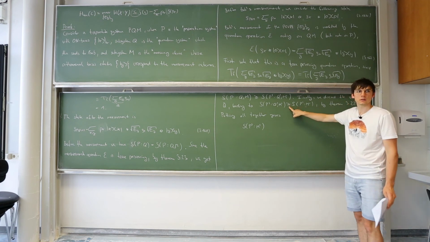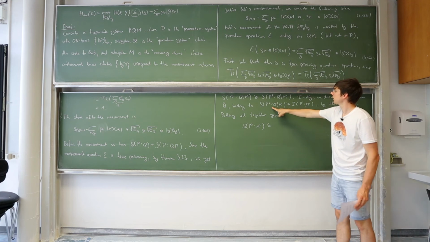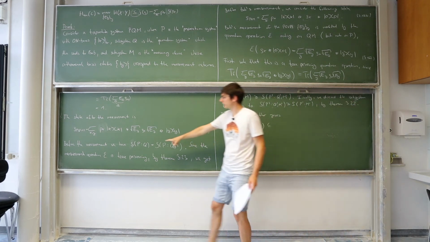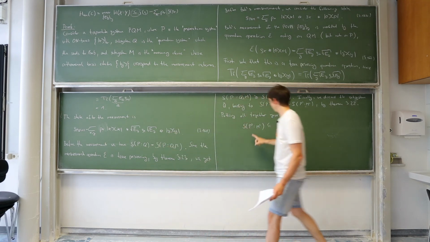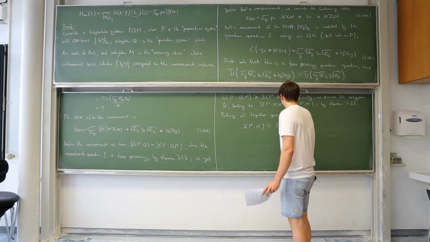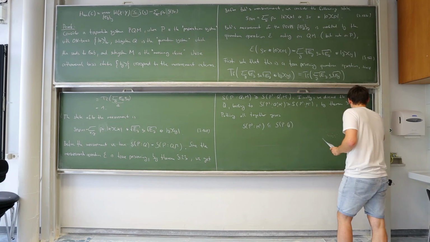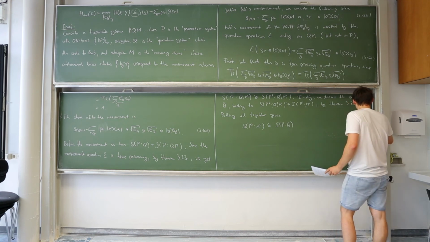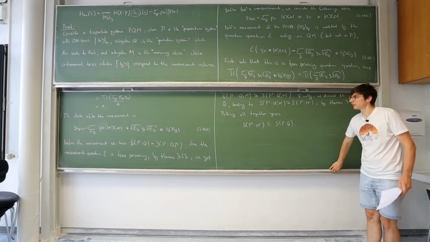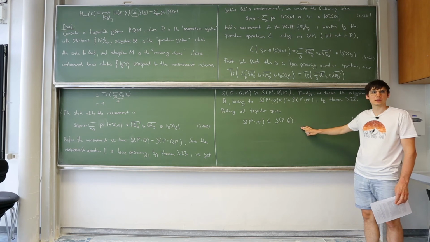It's smaller or equal to this, this again is smaller or equal to that, and this one is equal to S of PQ. Okay, so we have S of P prime M prime smaller or equal to S of P and Q. Well, and this is already the Holevo bound.